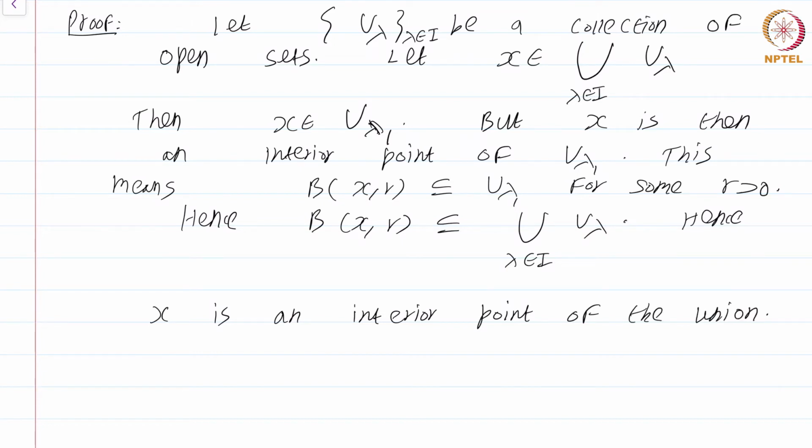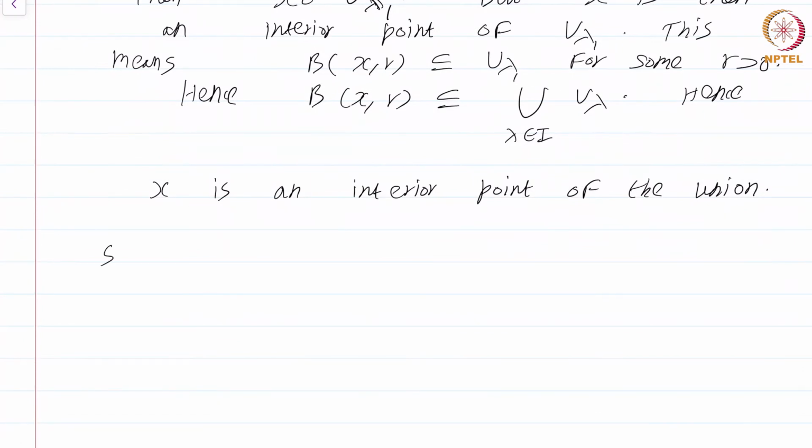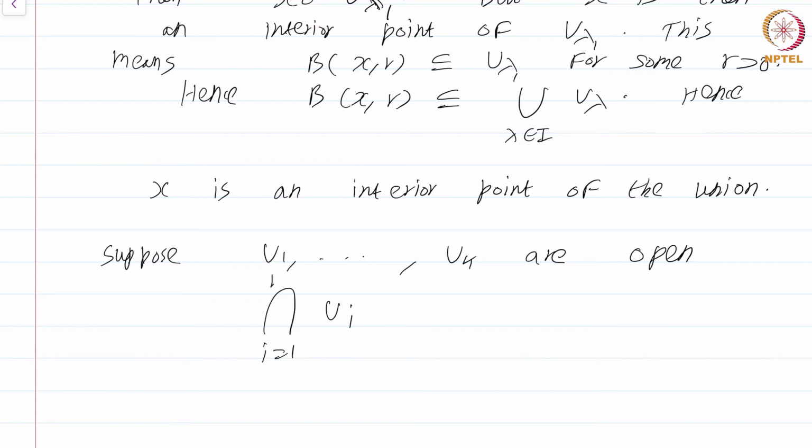Okay, now suppose u1 to uk are open. We are on to the second part now. We want to show that the intersection of these ui, i equals 1 to k, is also an open set.